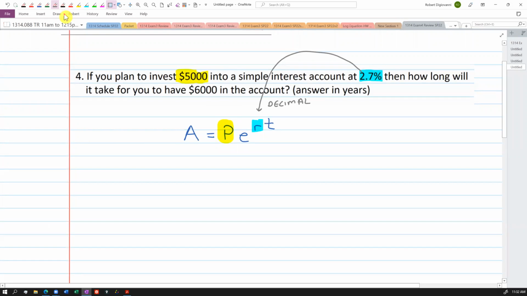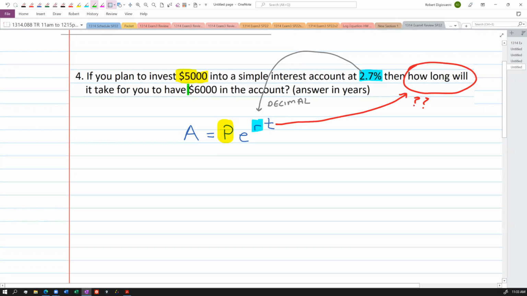And then the key to the problem is this: how long, right? How long will it take? Which means I need to know what T is. What's the time that it takes to turn my money into $6,000? That's the amount I want at the end, so that's going to be my A. So let's replace everything.